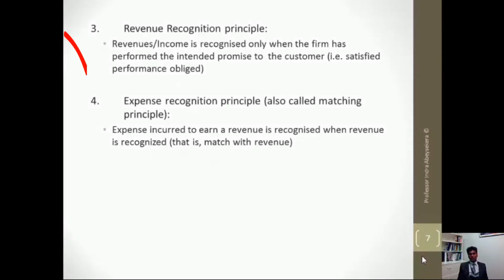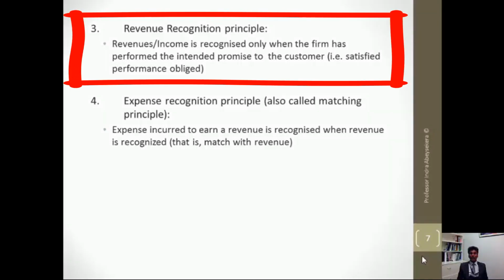The third principle is the revenue recognition principle. Revenue or the income is recognized when the organization has delivered the promise to the customer. That means customer is satisfied with the performance obligation that was promised.